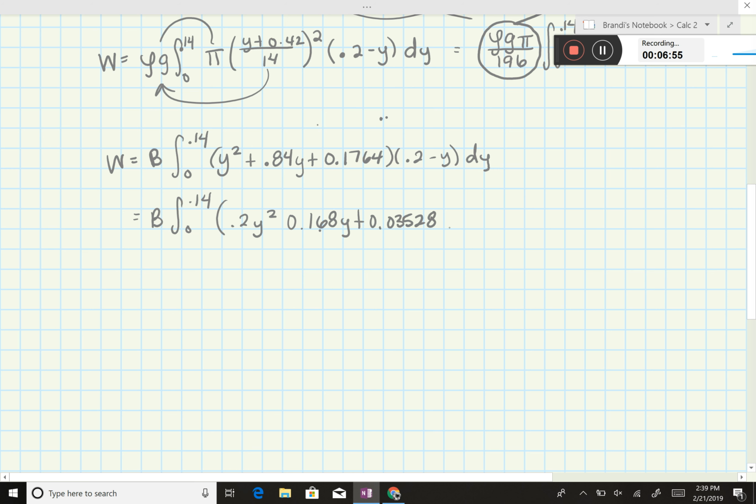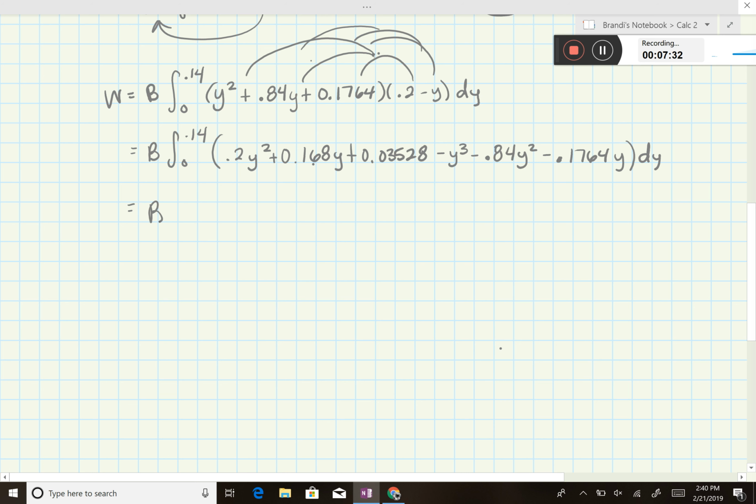Oops, gotta keep going. So that distributed the 0.2 to everybody. Now I've got to distribute the negative y to everybody. So that would give me a negative y cubed, a negative 0.84 y squared, and a negative 0.1764 y, all dy. And now it's just integrating a bunch of polynomials. Oops, I forgot the sign between these. Plus.